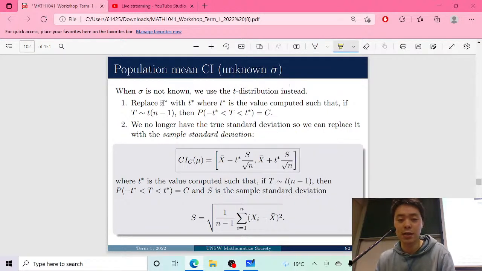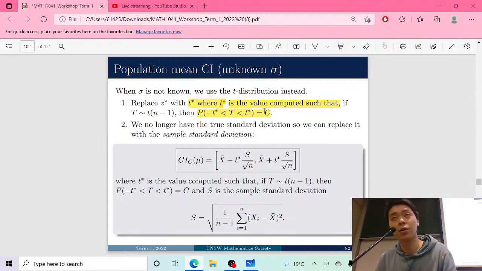Instead of working with Z star, which comes from your normal distribution, you can instead replace it with T star, where T star here is a value computed such that you have this result here. So it's exactly the same, except you're replacing the normal distribution with a t-distribution, which for large enough samples is a good approximation for your normal distribution.